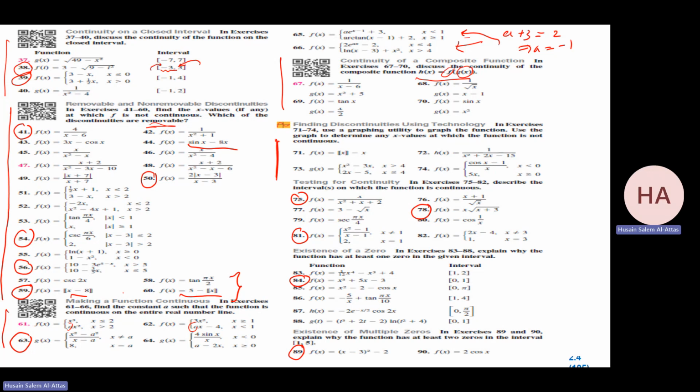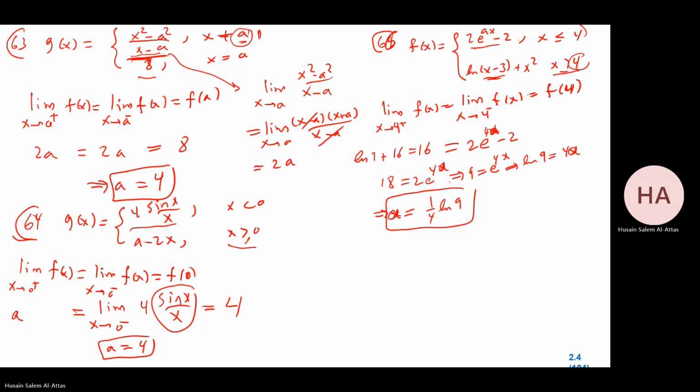Use the graph to determine an x value for which the function is not continuous. Okay. Let us do 71, which is the integer of x minus x. When is this function discontinuous?